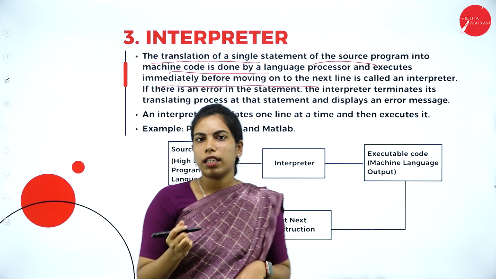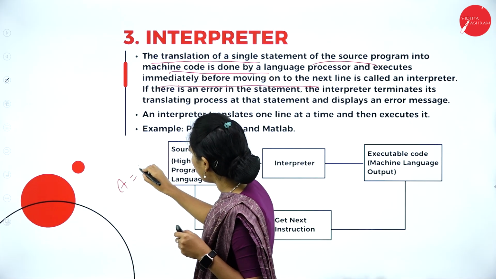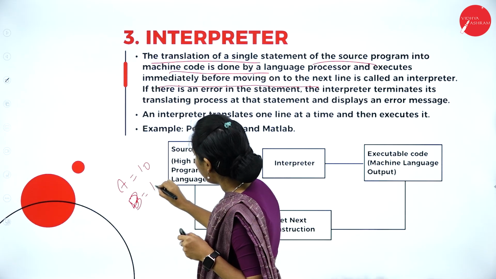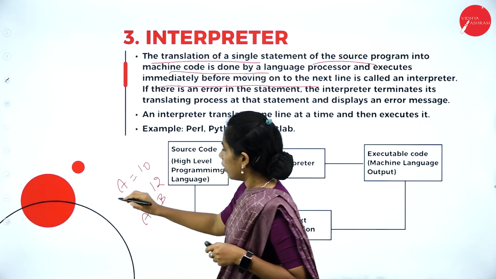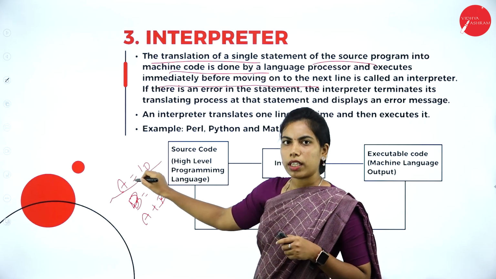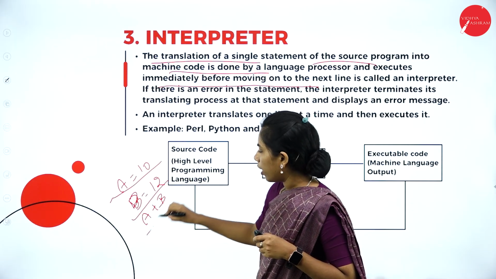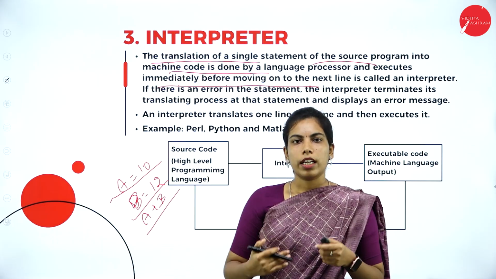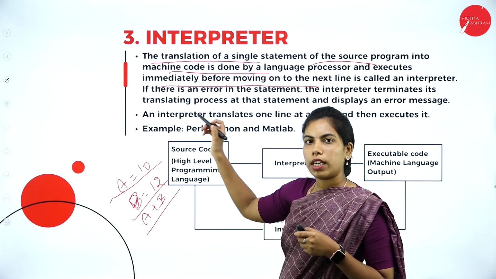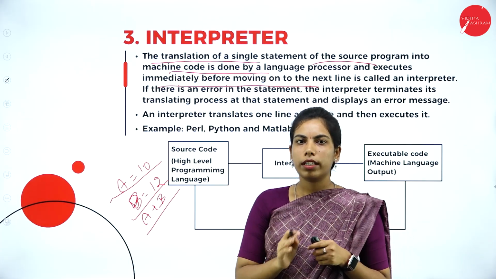For example, if I write code A is equal to 10, B is equal to 12, and do the A plus B operation, the first line A is equal to 10 is executed, then the next line B is equal to 12 is executed, and finally A plus B is executed. Likewise, the code is executed line by line with the help of the interpreter translator. That is what is called an interpreter.